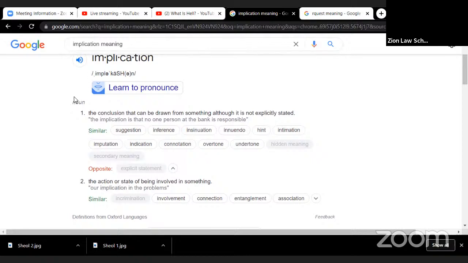Okay, so implication is a noun. The first meaning is the conclusion that can be drawn from something, although it is not explicitly stated. Okay, so the conclusion. So now let's look this one up.